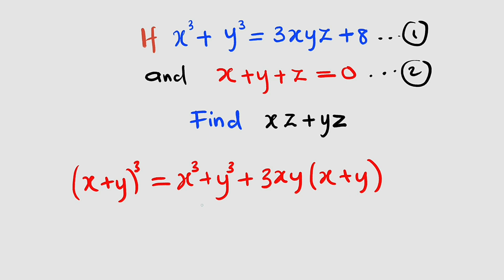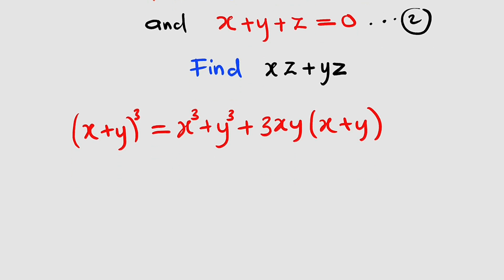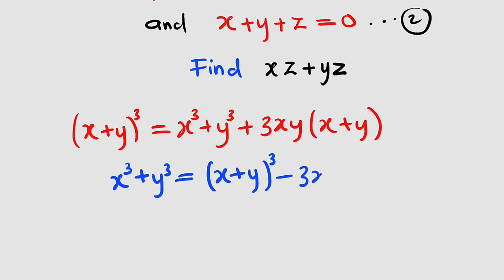But in our first equation, we have x to the power of 3 plus y to the power of 3. So we can make it the subject from here. Therefore, x to the power of 3 plus y to the power of 3 is equal to x plus y to the power of 3 minus 3xy multiplied by x plus y.